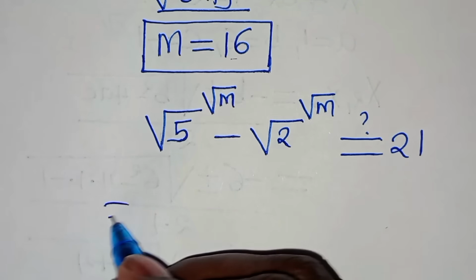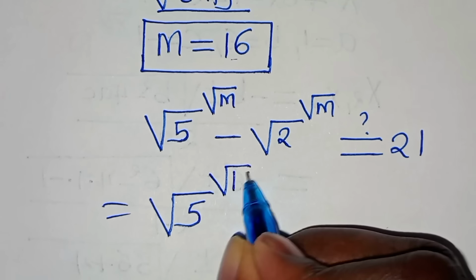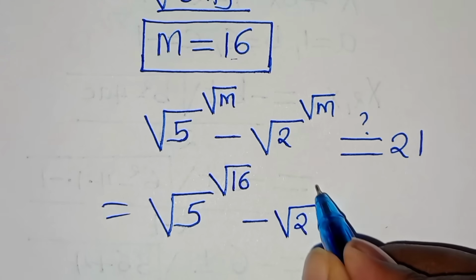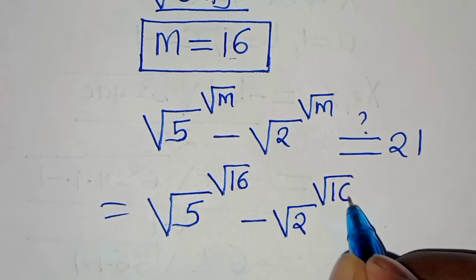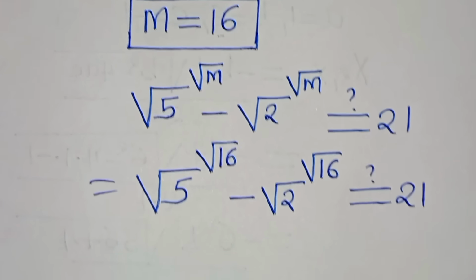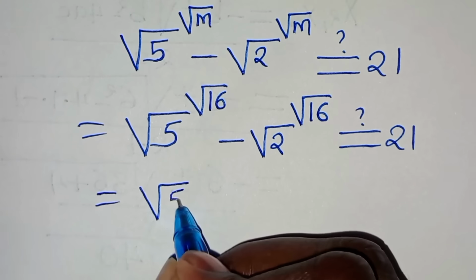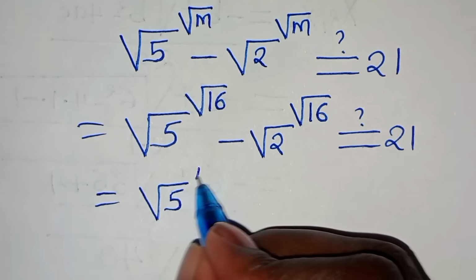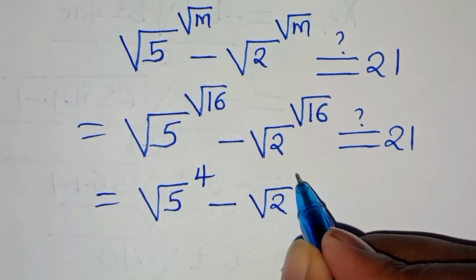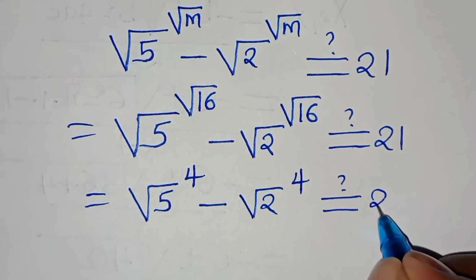So we have the square root of 5 raised to the power of square root of 16, minus square root of 2 raised to the power of square root of 16, which is 4. This is supposed to give us a value of 21.